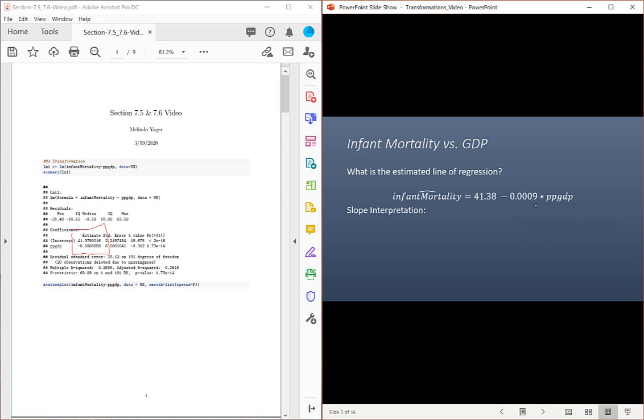Remember, to interpret slope, we discussed the expected change in y for a 1 unit increase in x. So for this data set, we see that for every increase in $1 in GDP per capita, the expected infant mortality decreases, our slope is negative, on average by 0.0009 infant deaths per 1,000 live births.